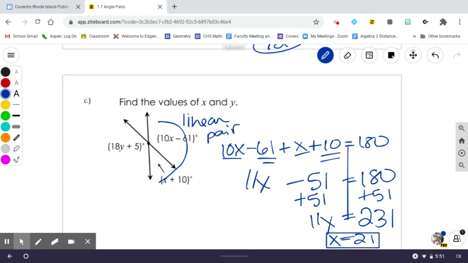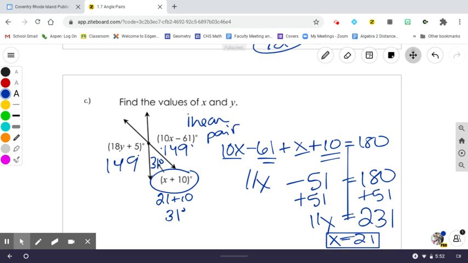We're going to plug 21 into one of these expressions. See how this one is x plus 10? So now I can do 21 plus 10, which is 31. So this one's 31, making these two 149, because I can just subtract 31 from 180.